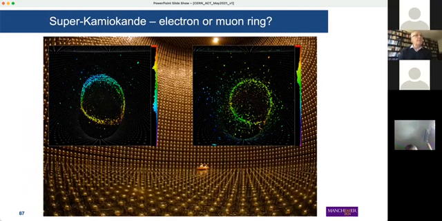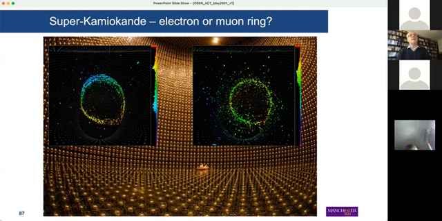This is two Cherenkov rings as recorded by this array of photomultipliers that surround the water. And one is a muon, one is an electron, and you might be able to guess which one is which.